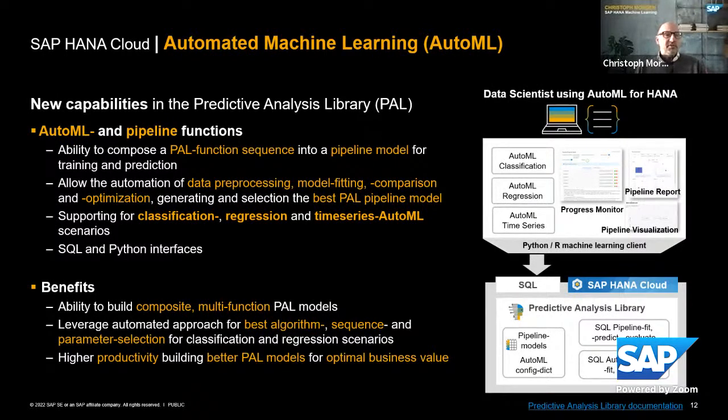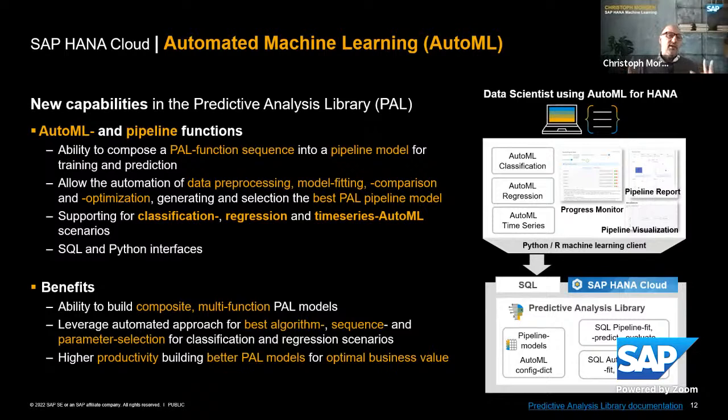At the core of these enhancements, first and foremost, we are providing pipeline capabilities, implying that we can now compose a sequence of multiple PAL algorithms into a pipeline, which you can then execute for training, predictions and also evaluation.